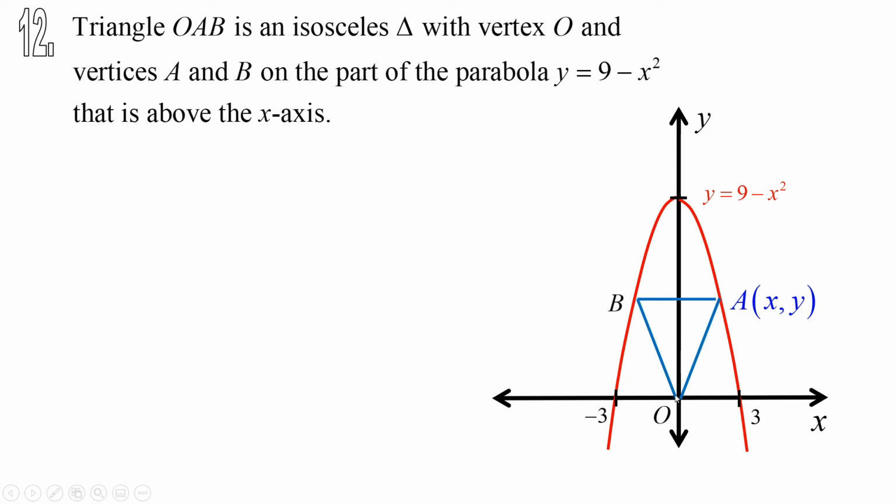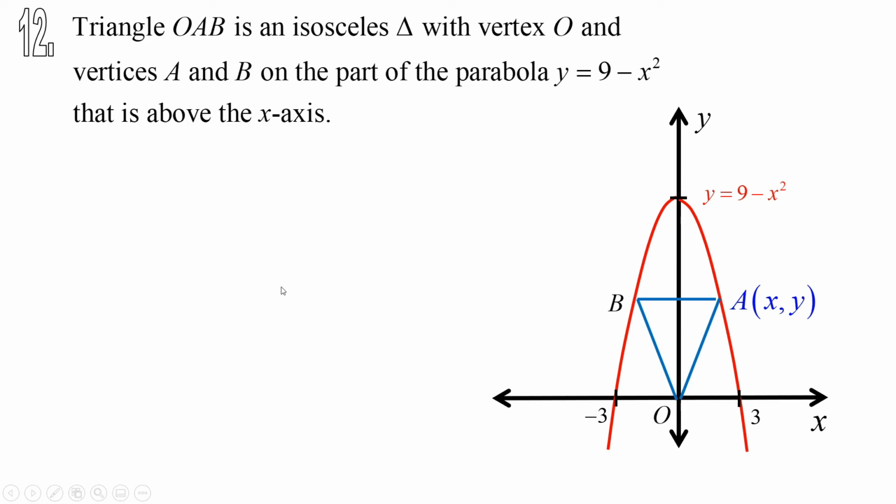It looks like an isosceles triangle with a vertex at the origin. Oh yeah, it is an isosceles triangle with vertex O and vertices A and B. There's A and there's B, on part of the parabola, y equals 9 minus x squared.